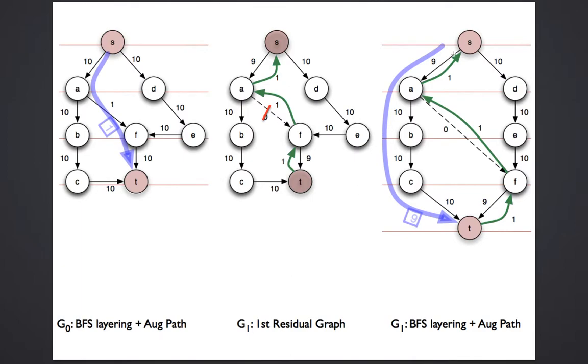Next, we will look at this augmenting path, and the minimum value is 9. So we push a flow value of 9 along this augmenting path.